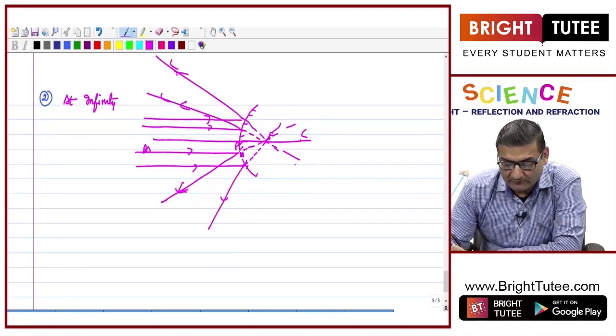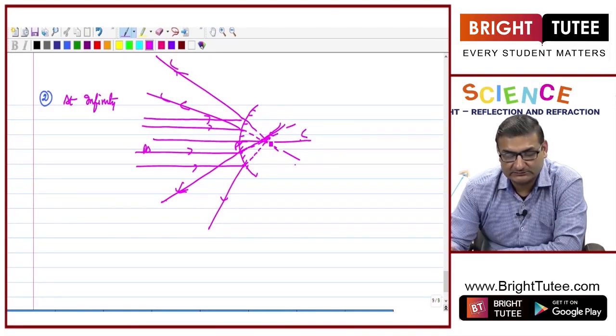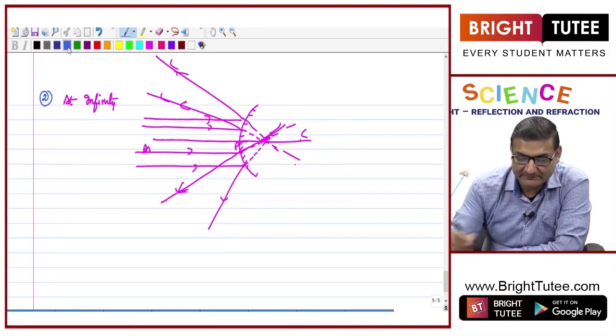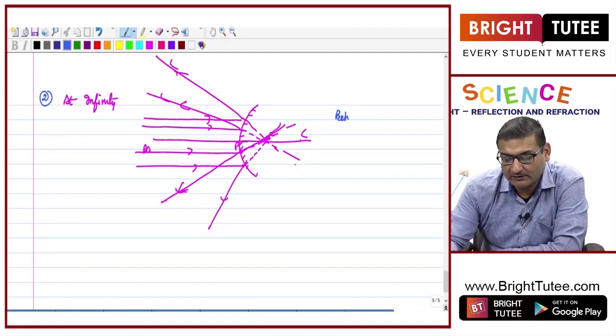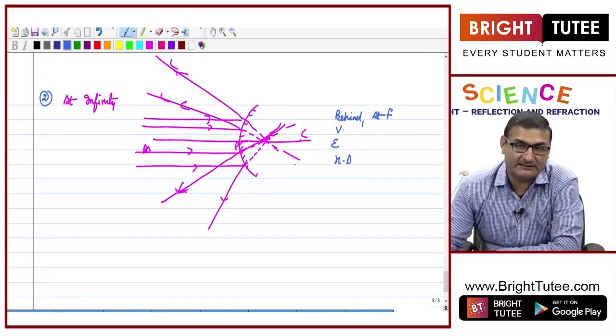So when we extend them, we will see that the image is very small, it is formed right at the focus. So the characteristics of the image formed will be: the image formed will be behind the mirror, the image formed will be at F, the image formed is virtual, the image formed is erect, and the image formed is highly diminished as compared to the size of the object.